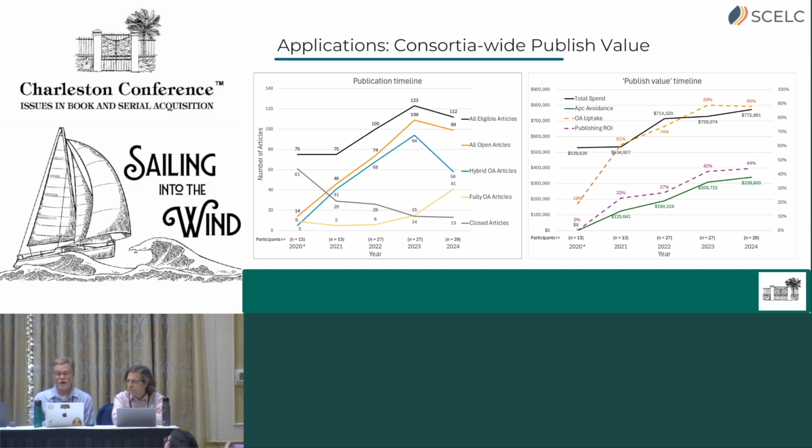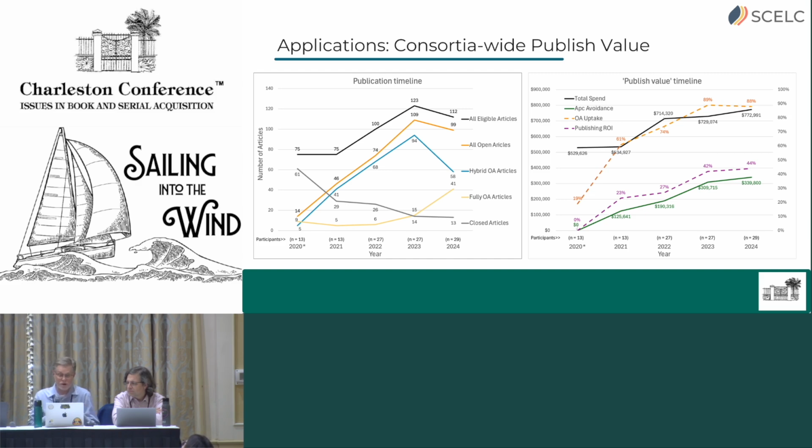Moving to the graph on the right, the dotted orange line shows OA uptake, which rose from about 6 out of 10 articles in 2021 up to 9 out of 10 articles in 2023 and 2024. APC avoidance is shown in the bottom solid line in green, and it increased every year, growing the publishing return on investment, in the hashed purple line right near it, from 23% in the first year of the agreement up to 44% in the last year.